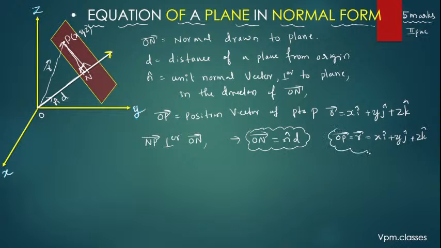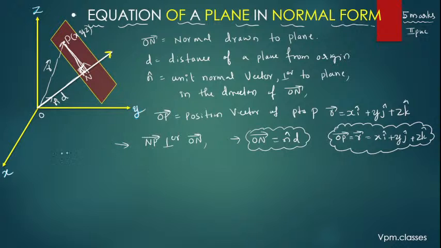In the derivation we have to determine the equation of a plane both in vector form and normal form. For that, look at the concept here. Since my NP vector is perpendicular to ON, if I join points P and N, I get the NP vector, which is perpendicular to the given normal vector ON.